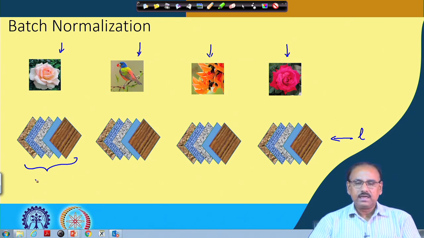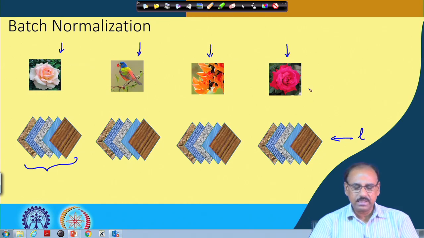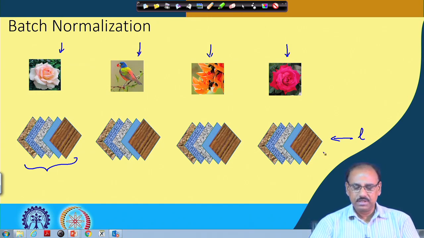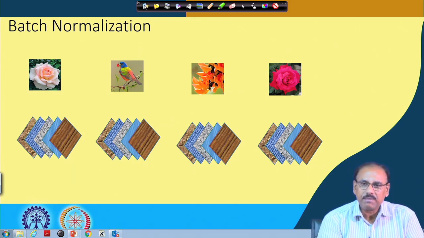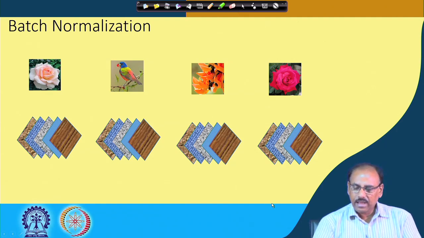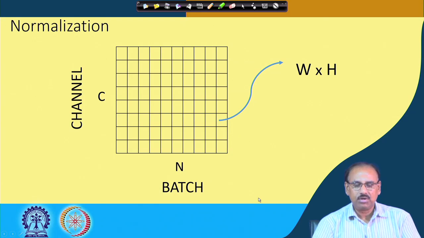So assuming over here that a particular batch has, say, 4 different training images, I have 4 different feature maps, where every feature map has a certain number of channels, and every channel has a certain width and height. This is the kind of feature map that you get, which is to be fed to the layer L+1. Now, in case of batch normalization, in order to explain that, let me arrange the feature maps or the channels in this form.